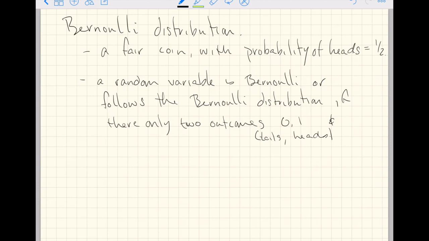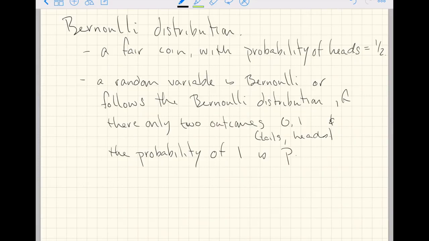Okay, so we have a Bernoulli distribution if there's only 2 outcomes and the probability of the observed outcome 1, keep in mind heads if it's easier to imagine a coin, is P, whatever that probability might be. In the case of a fair coin, that probability of 1, heads, is 1/2.